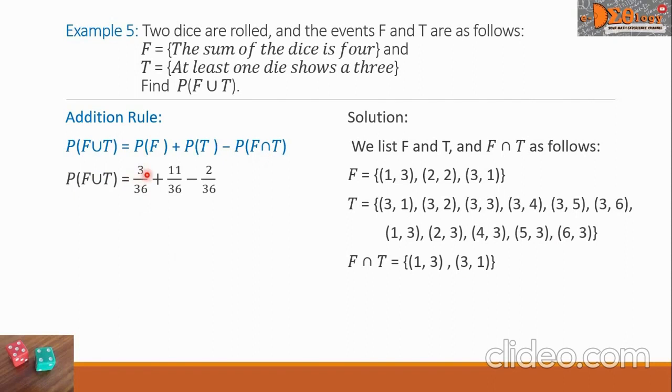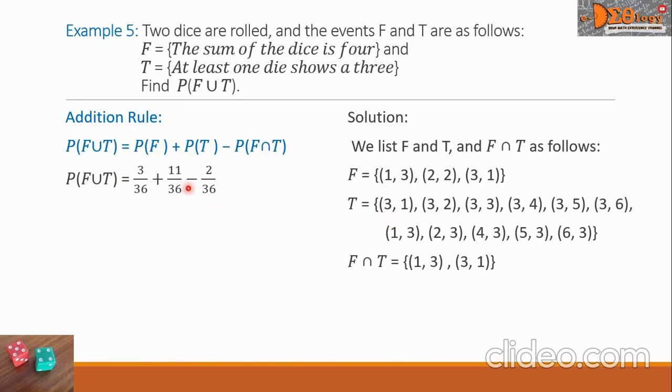We write here 3 because there are 3 pairs in the event F. Over 36, there are 36 possibilities of pairings. Then plus P of T, so we have 11 over 36. We write here 11 because there are 11 pairs in our event T.